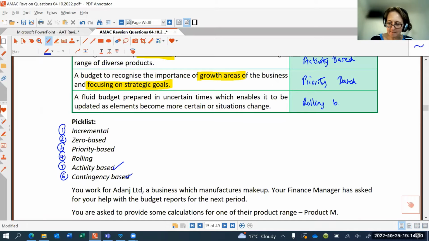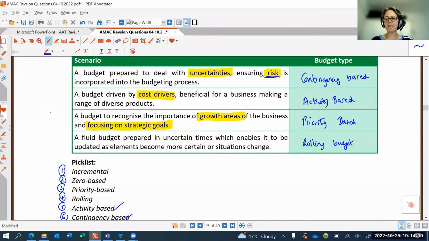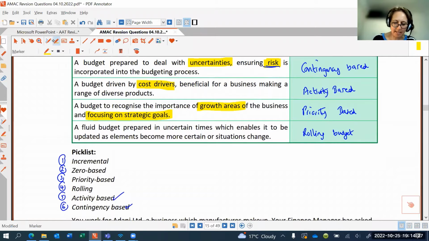And hopefully, having now seen the definition of the rolling budget, if you'd chosen rolling budget for the first one, you might look at it and think, oh, okay, actually that last one is a much better description of a rolling budget. This idea about being fluid, this idea about it being updated as things become more certain, constantly revised as we get new information. So that's definitely a better description of rolling budget.